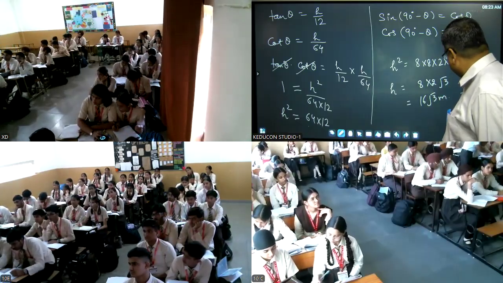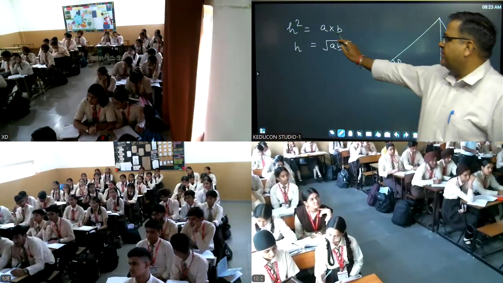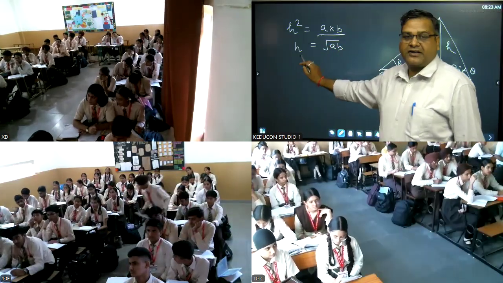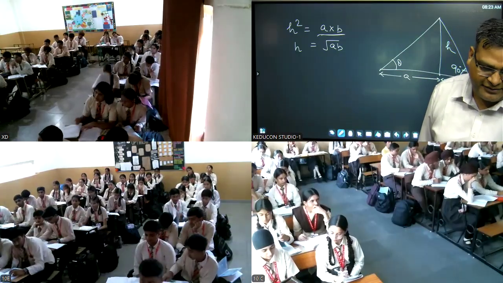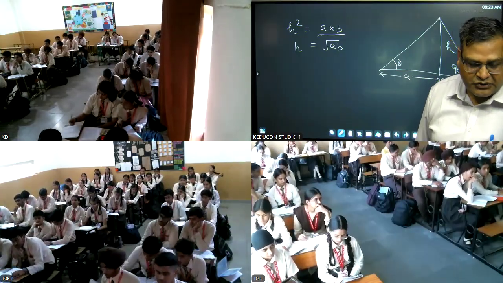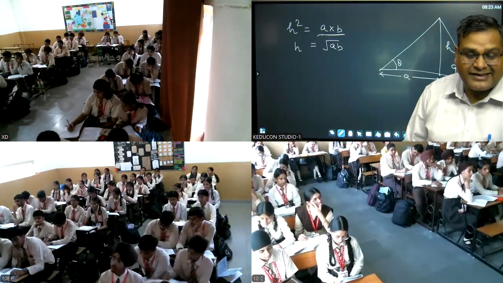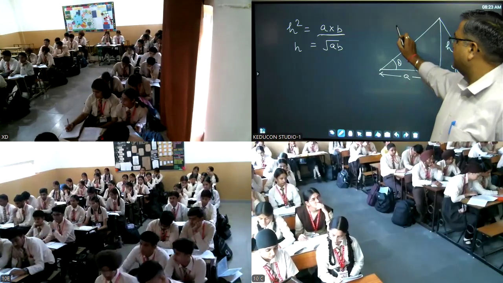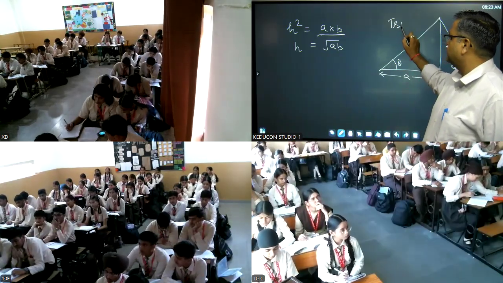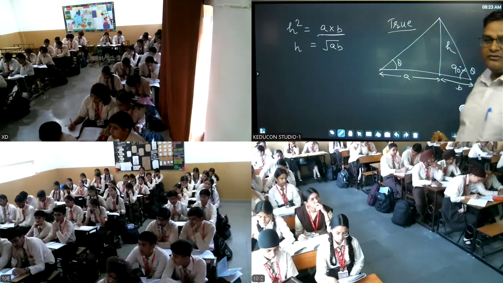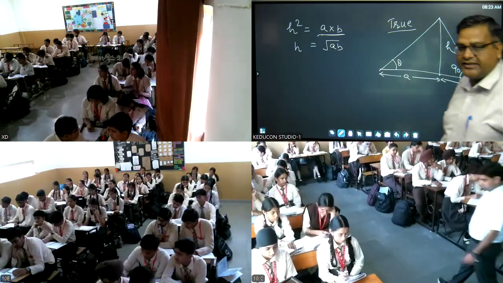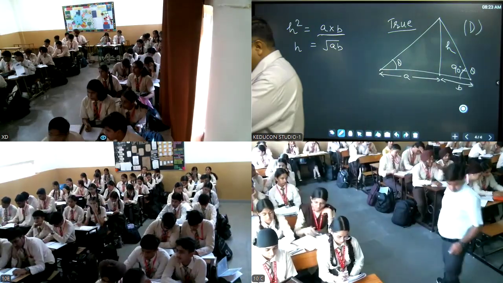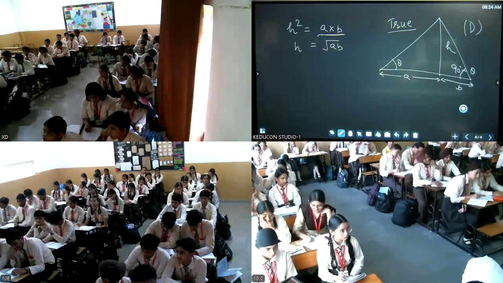Here the distances are A and B, so we'll take their product. What will be H equal to? Square root of AB. Have you understood? So therefore reason is true. और choice कौन सी हो जाएगी बच्चों? Assertion false, reason true. So therefore the choice will be T choice.